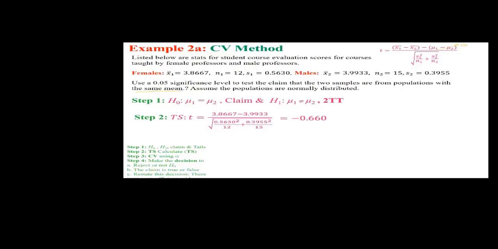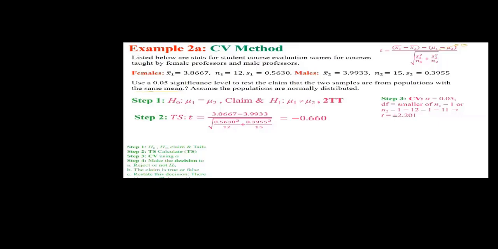What is the degrees of freedom? The smaller of the two. n1 minus 1 is 11, and n2 minus 1 is 14. The smaller of the two is 11. And it's a two-tailed test. We look up the t-table. On the left column, you look for degrees of freedom, which is 11.